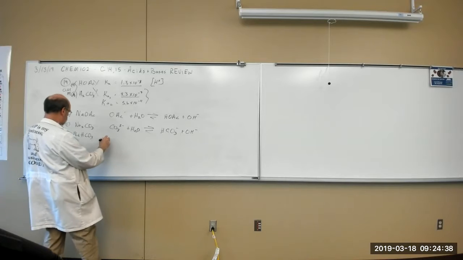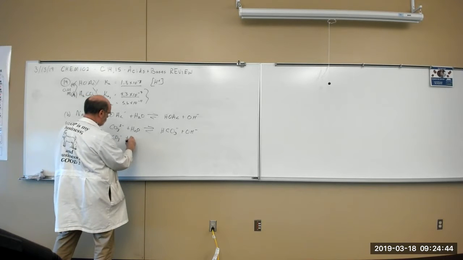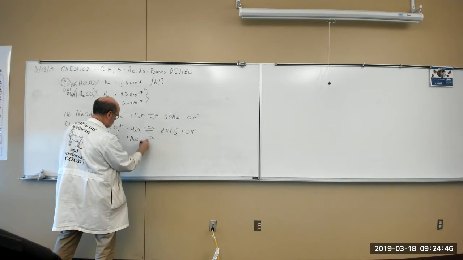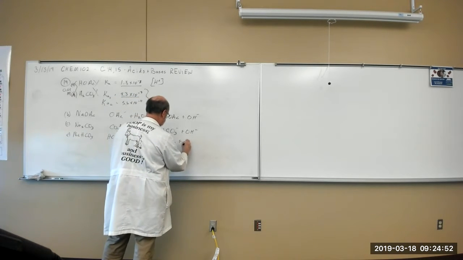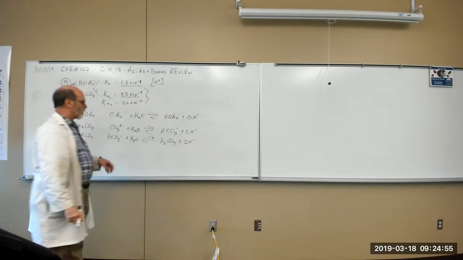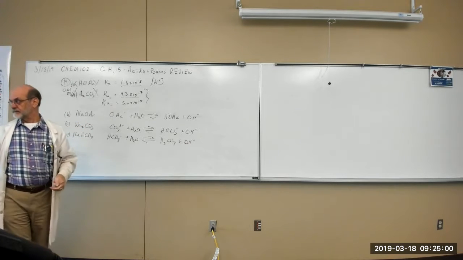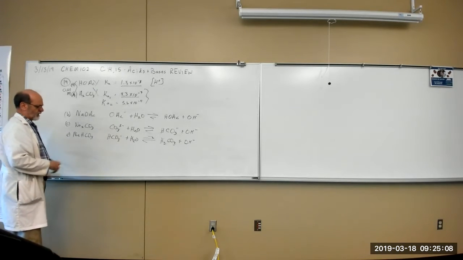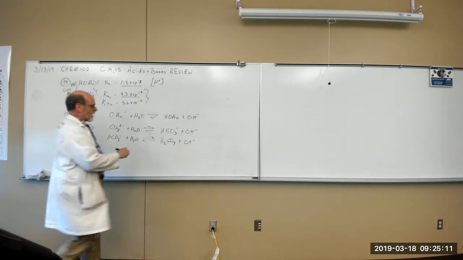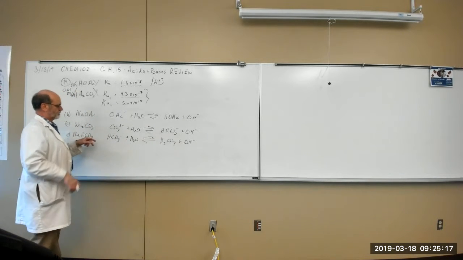And this one we've got HCO3 minus plus water yields H2CO3 plus OH. So in order to compare these, we need to look at the Kbs for each one. Well, maybe we don't. What we have to do is decide which one of these is the strongest base.